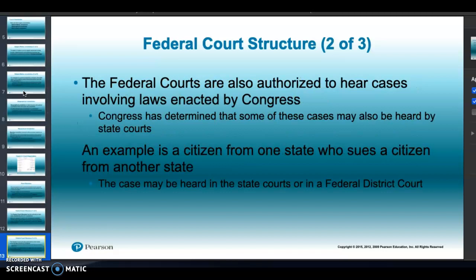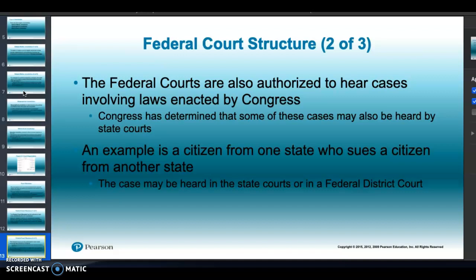The federal courts are also authorized to hear cases involving acts enacted by Congress. So that could be cases that are arguing a statute is unconstitutional in a particular state. It could be where two different parties are in different states.